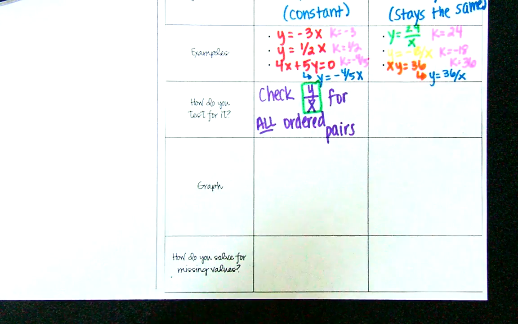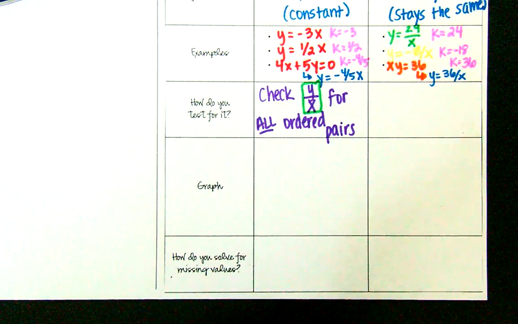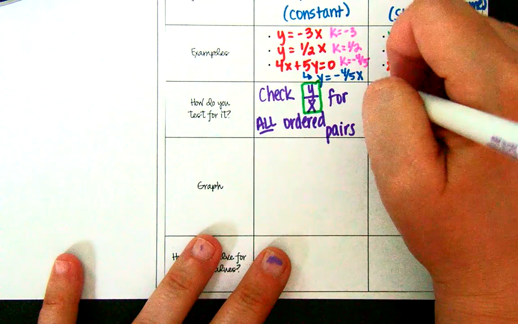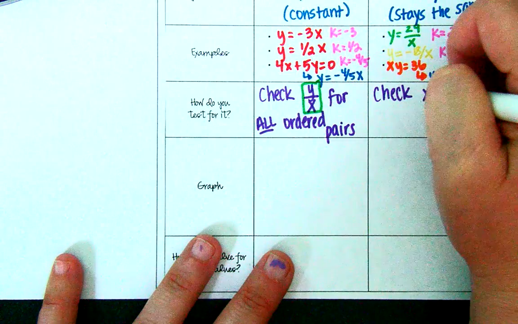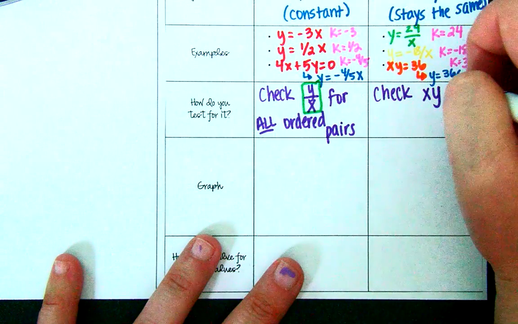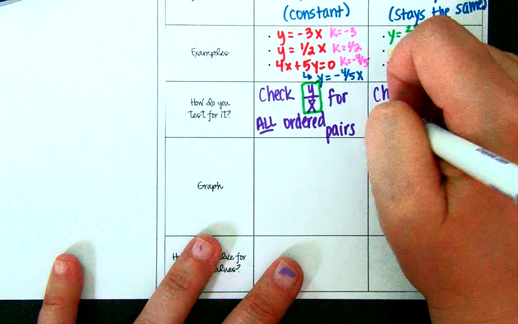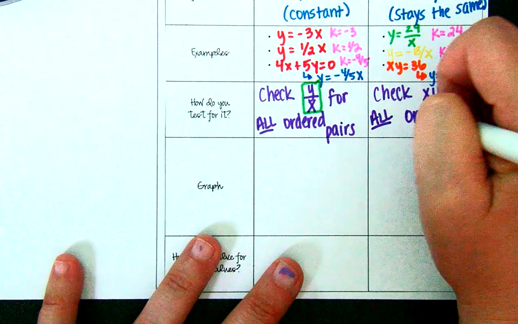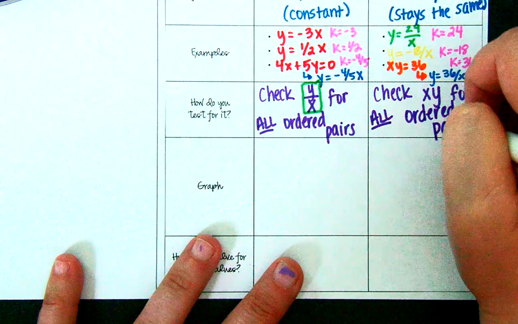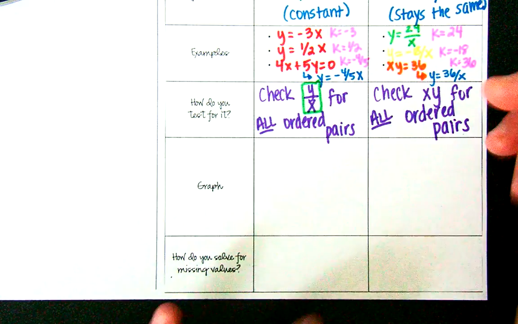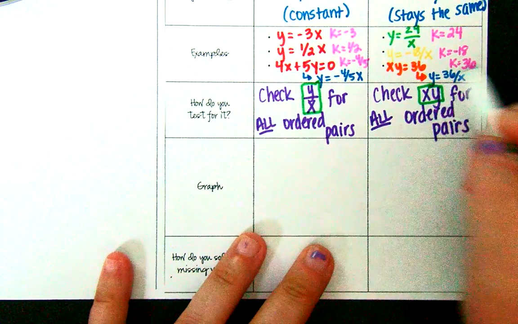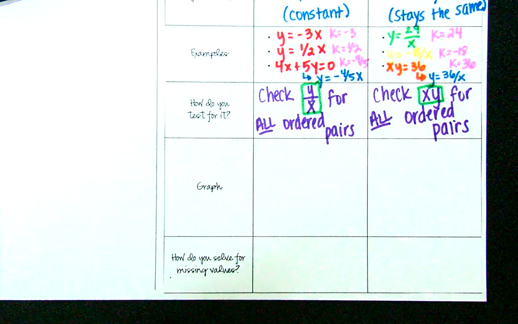I'll show you some examples in a little bit. For inverse, we check by multiplying x times y for all ordered pairs. If they all equal the same, then it is inverse variation.